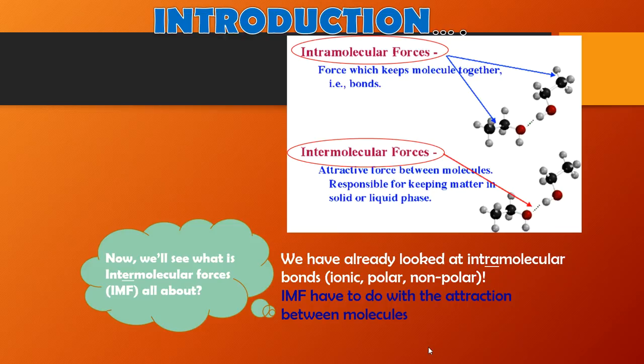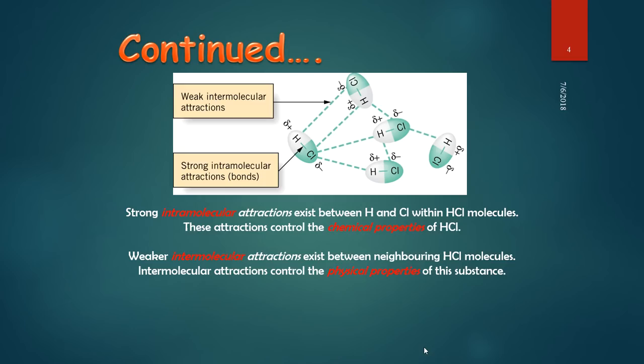We have already looked at intramolecular bonds: ionic, polar, non-polar. That was learned previously. Intermolecular force has to do with the attraction between molecules, so we focus on it. Intermolecular attraction is not a real bond.